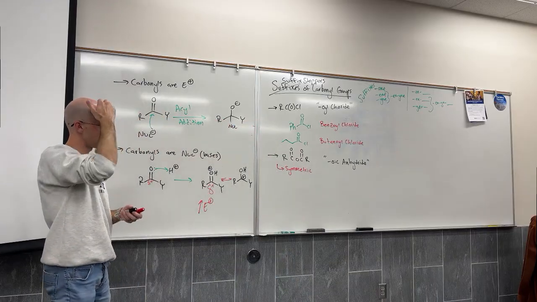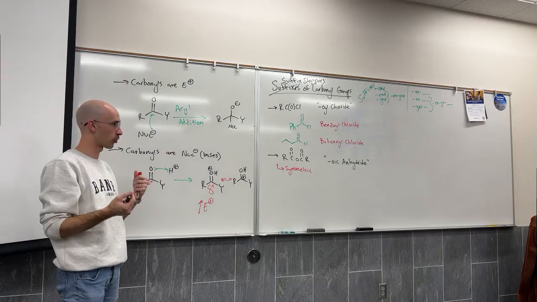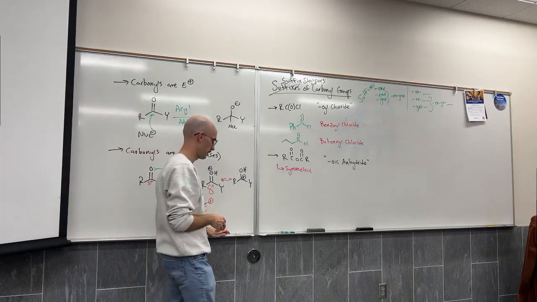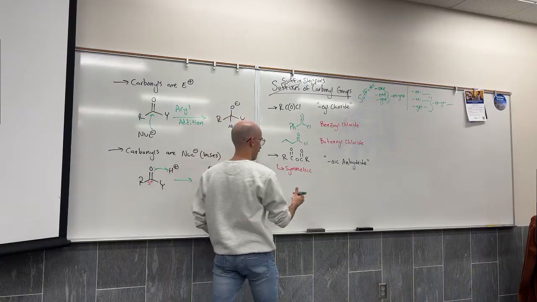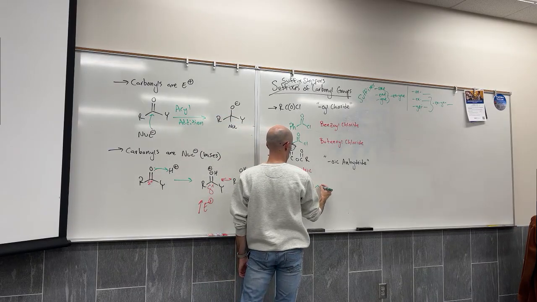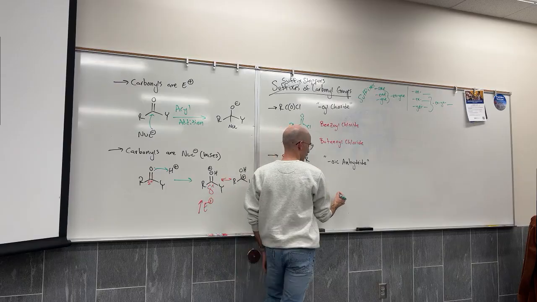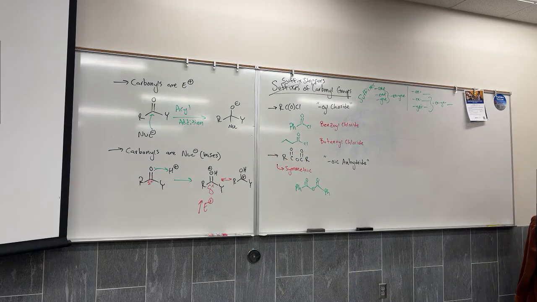Let's look at something that is a symmetric anhydride. That means that the two R groups are the same. Here I've got benzoic anhydride.